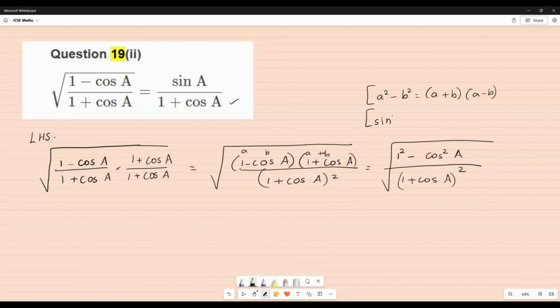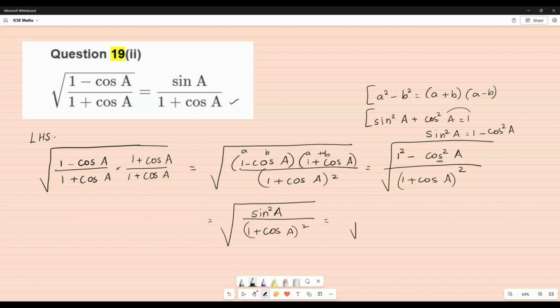I know sin squared A plus cos squared A is 1, so sin squared A is equal to 1 minus cos squared A. Instead of 1 minus cos squared A, we can write sin squared A divided by 1 plus cos A the whole square.